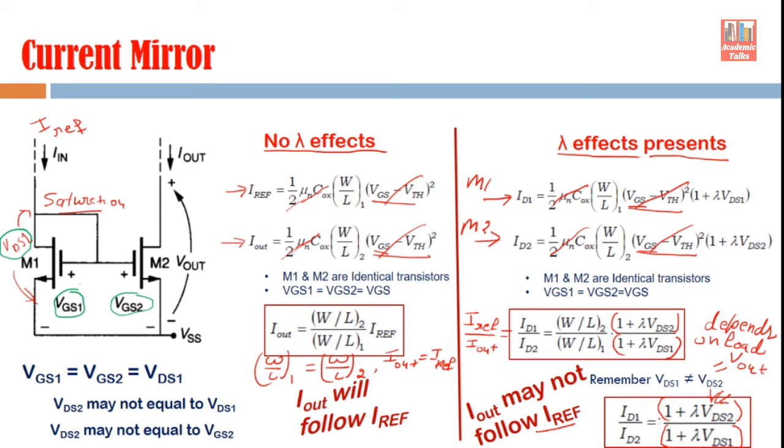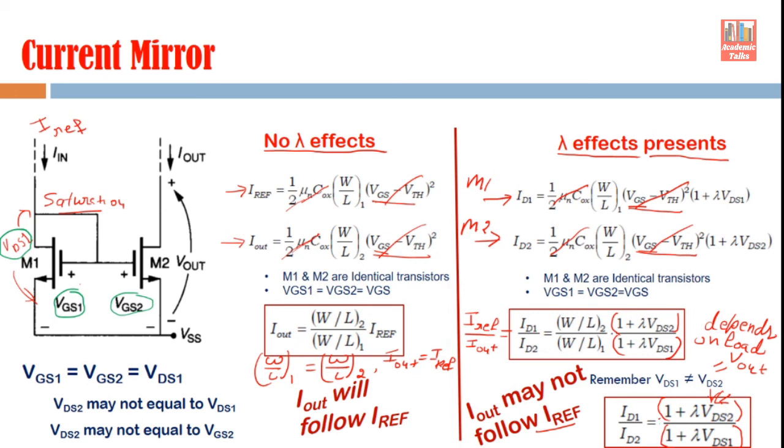But when the output voltage is changing, VDS2 is changing, and the ratio of these two currents is changing. So even if your reference current is fixed, your output current may vary, right? That is an issue which we need to solve, and how to solve it we will see in the coming lectures.